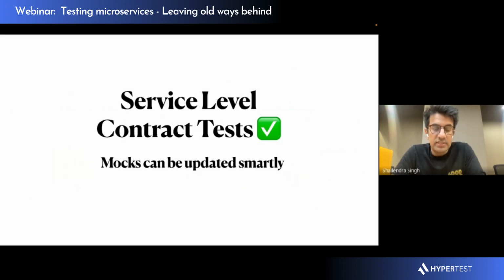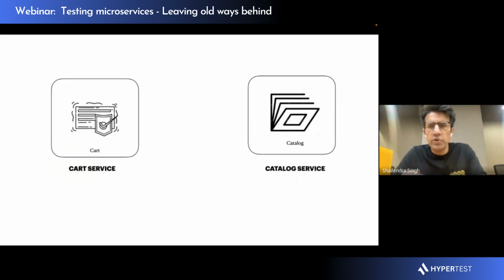The reliance that these tests have on engineers writing these tests to update their mocks should somehow be smartly handled for these tests to be effective. But this is the best approach when you are testing microservices: to have unit tests written for each of these services and the downstream dependencies for each of these units to be mocked, but those mocks to be updated very smartly. So I'm going to take a very quick example of what I'm talking about.